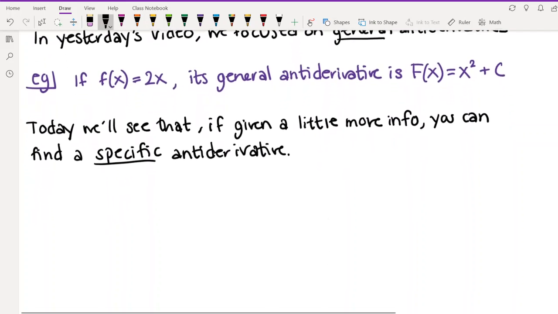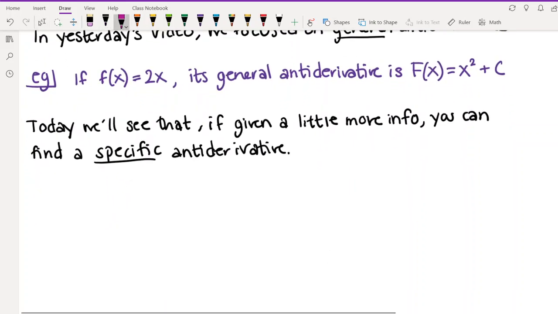Let's do another example similar to the one that I just wrote above.